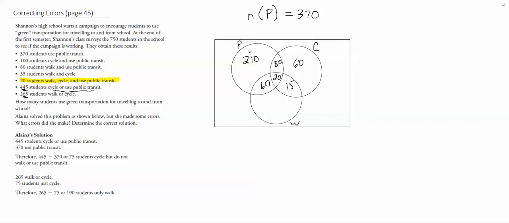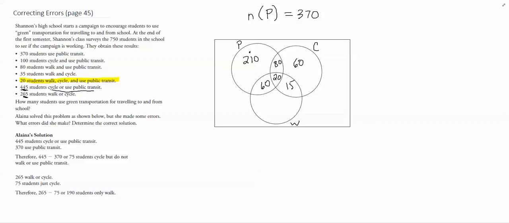So now we need to find out the number of students who walk only. We're told that 265 students walk or cycle. So from that 265, I need to subtract out all of the students who cycle. Whether they cycle and walk or cycle and use public transit doesn't matter, but they need to come out of the students who walk or cycle.